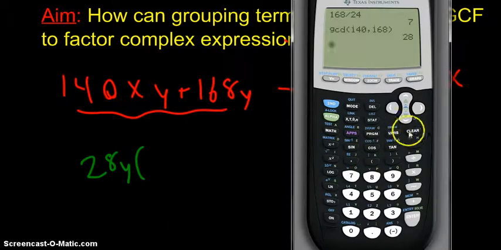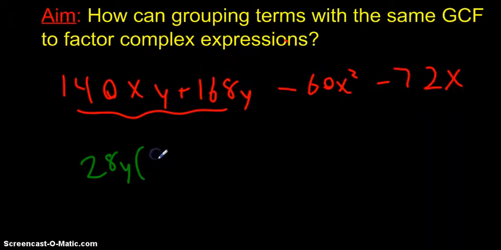Let's check, just to be sure. 140 divided by 28 is 5. That's 5. 5x plus, goes in here 6 times, 6. Okay, and let's factor the other one. What goes into 60 and 72 evenly? 12 does.